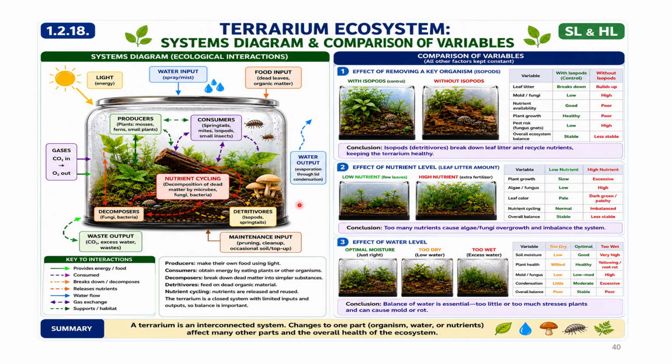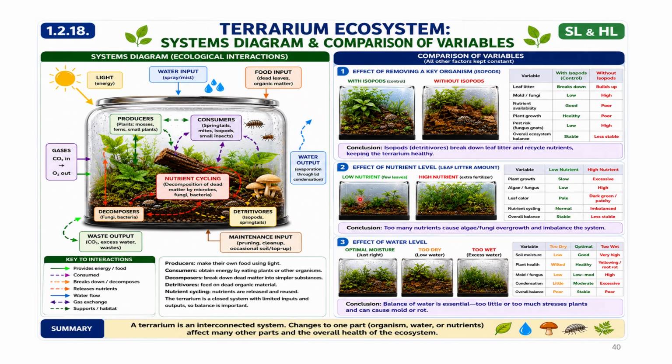This investigation also shows how changing one variable influences the entire ecosystem. For example, removing isopods slows leaf litter decomposition, increases fungal growth, and reduces nutrient availability. Excess nutrients can cause fungal overgrowth and imbalance, while soil that is too dry or too wet stresses plants and disrupts ecosystem stability.